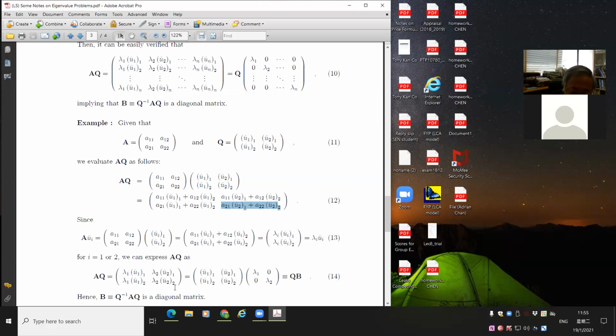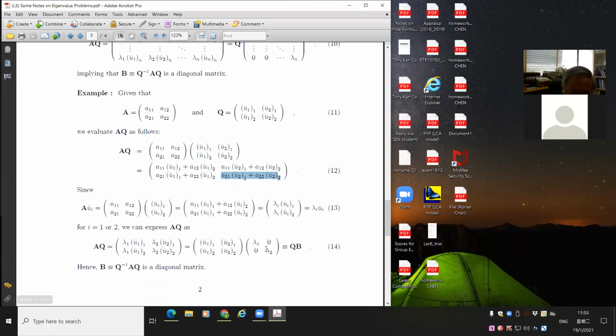So we can split this into two matrices as shown here. So actually, that is equal to QB.